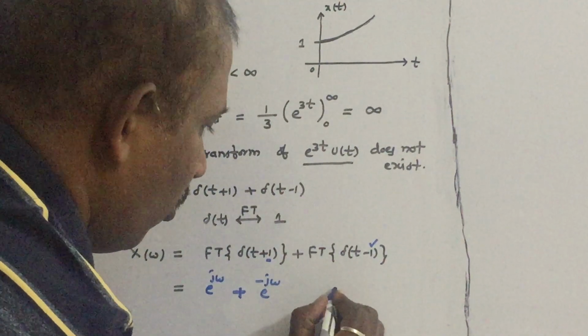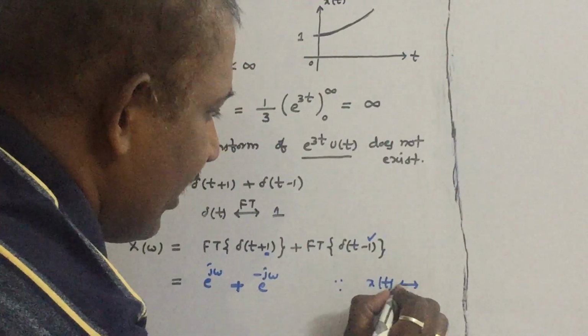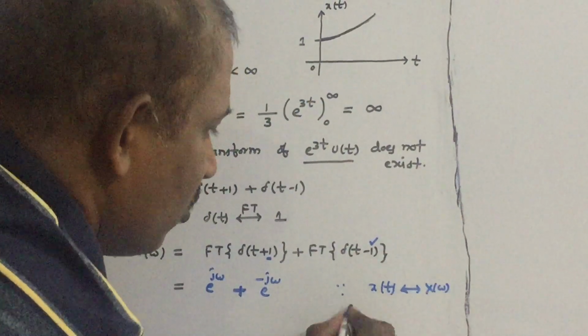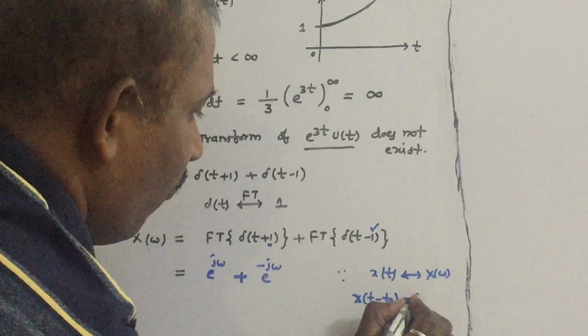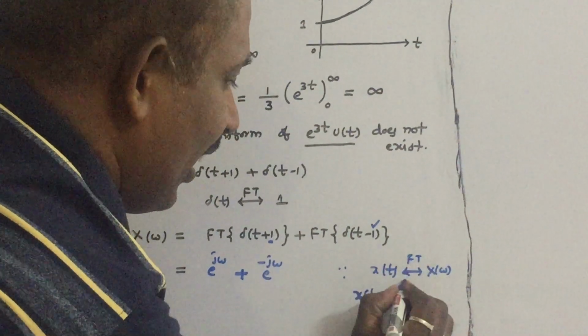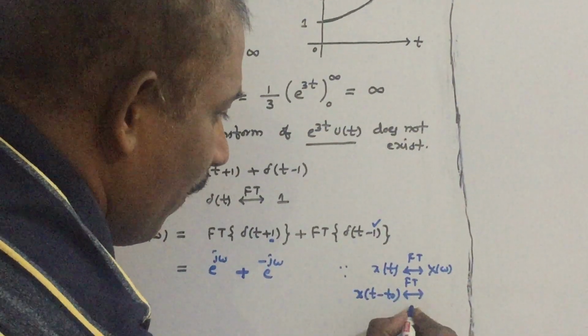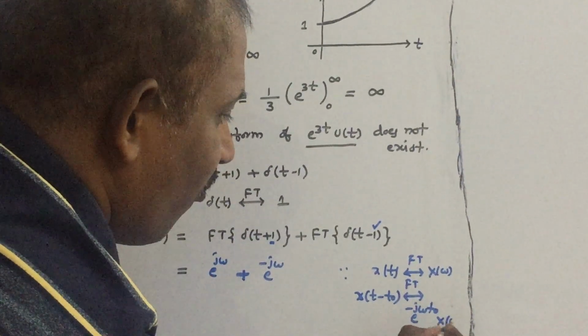As you know, if x of t's Fourier transform is X of omega, then if you time shift x of t minus t naught, what is the Fourier transform? The Fourier transform is e power minus j omega t naught into X of omega.